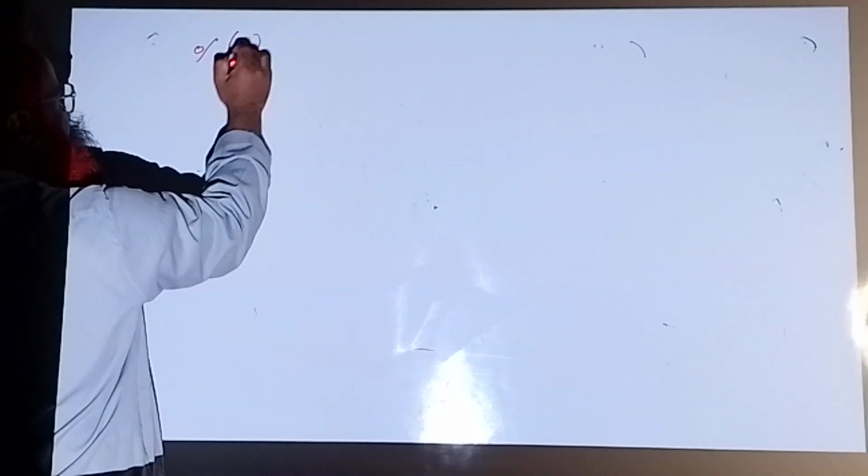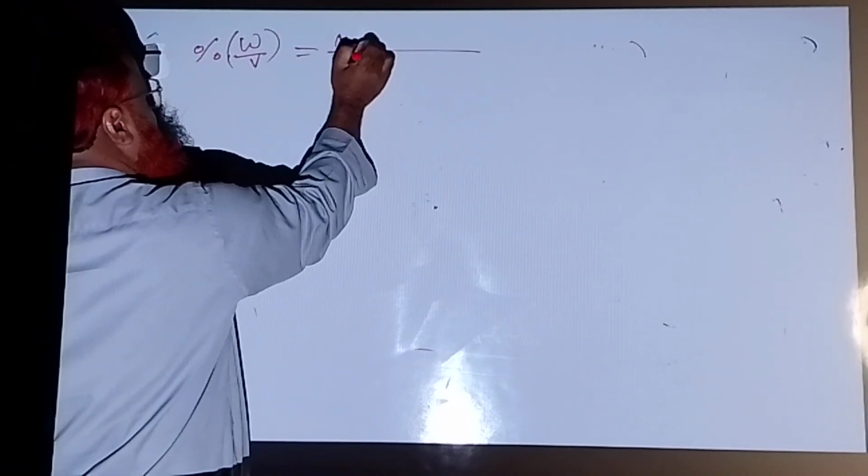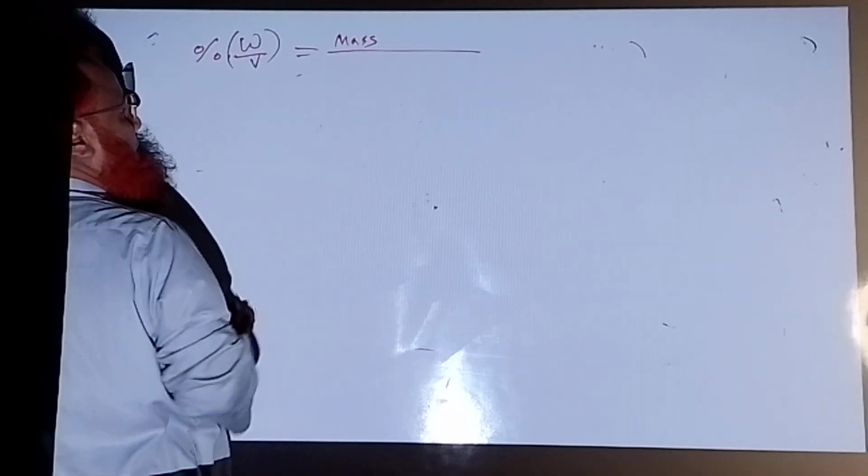Now let's show the difference through a simple formula. For percentage concentration W by V, W means mass or weight and V is volume.